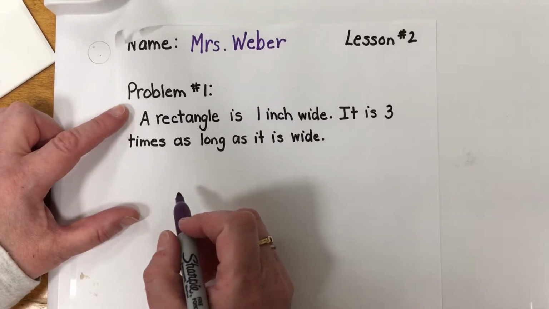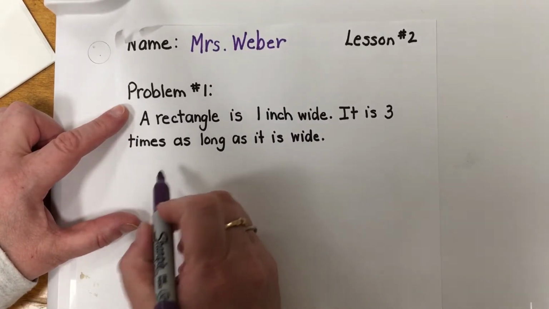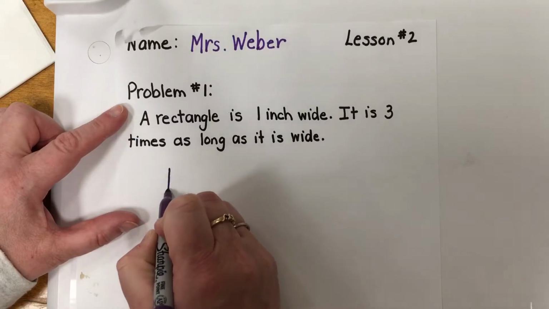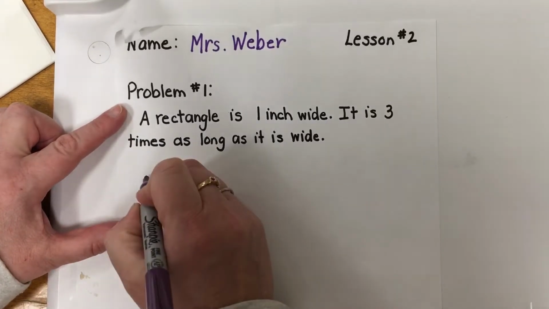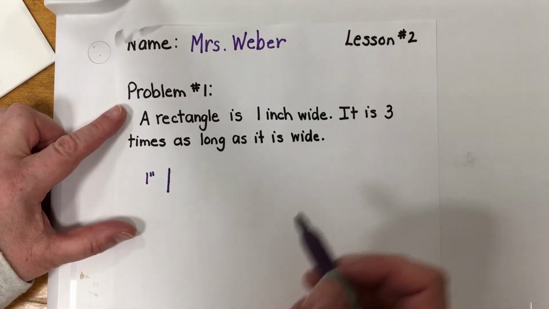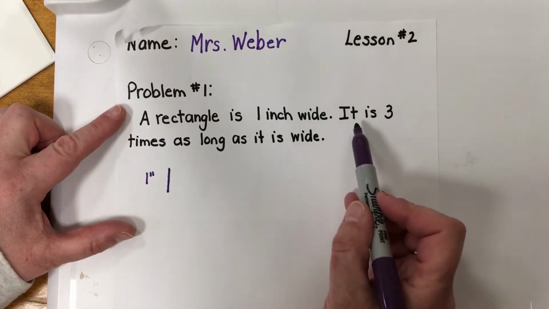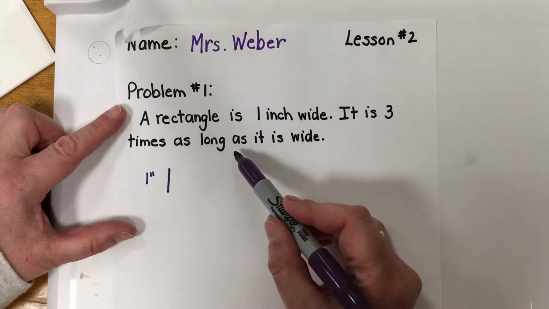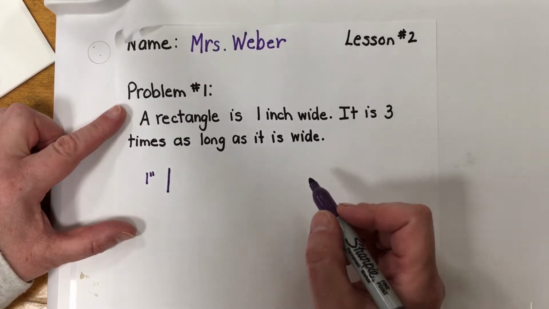So on our paper, we're going to draw a vertical line and label it 1 inch for the width. Now, it says it's 3 times as long as it is wide.